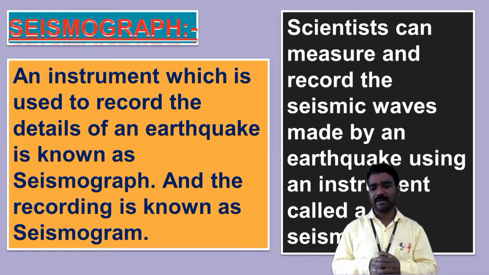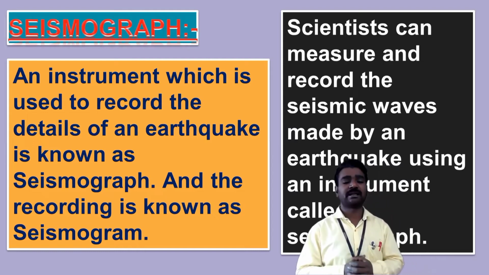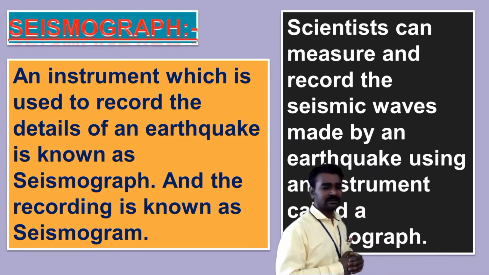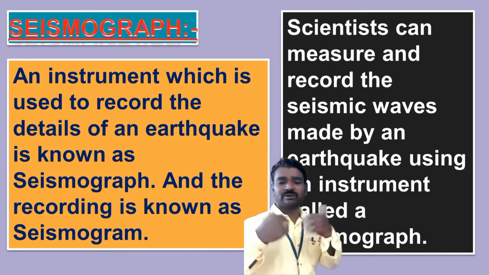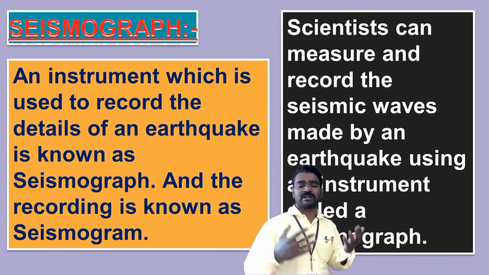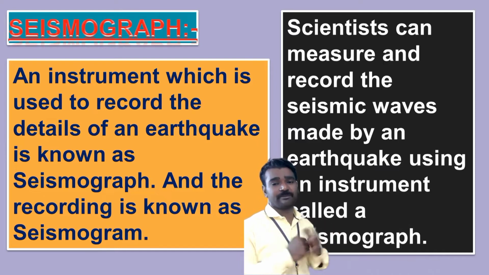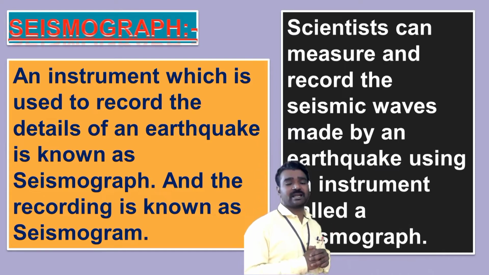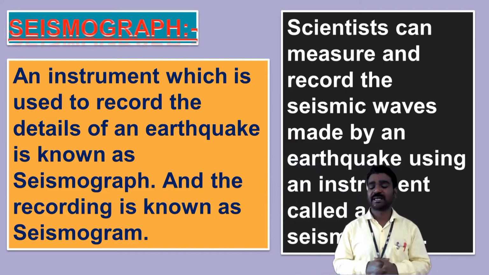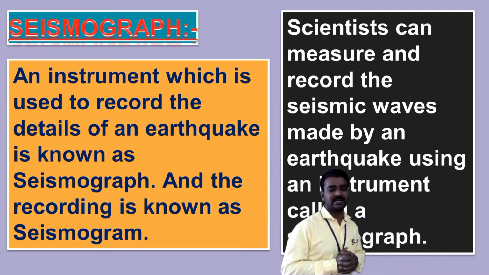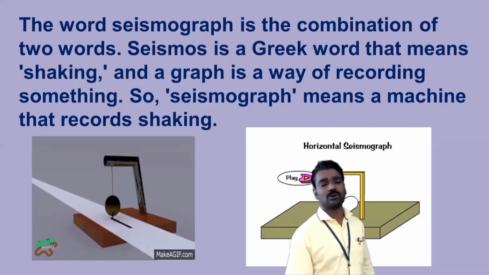So the recording instrument which is used to record the earthquake is the seismograph, and the recording which we obtain with the help of this instrument is called the seismogram. Scientists can measure and record the seismic waves made by an earthquake using an instrument, and this instrument is called the seismograph, as I told you.